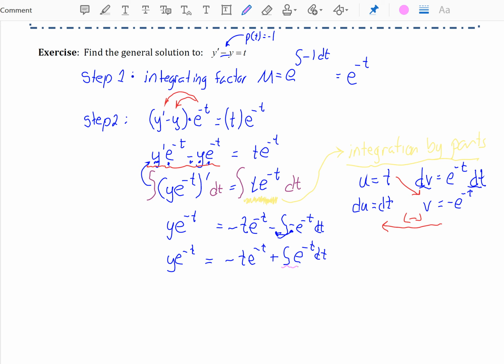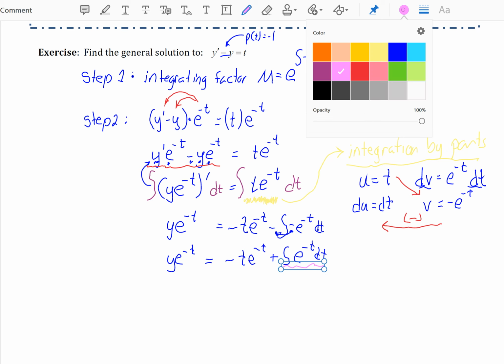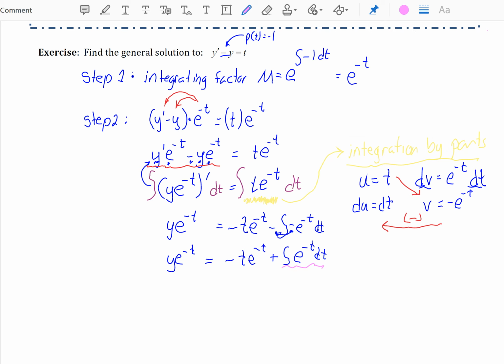And let's look now at this antiderivative. Remember, the antiderivative of e to the negative t is going to be minus e to the negative t, and then we'll have our arbitrary constant c.